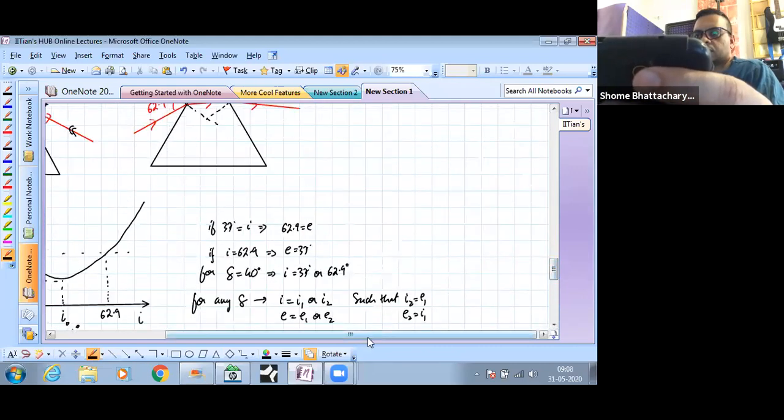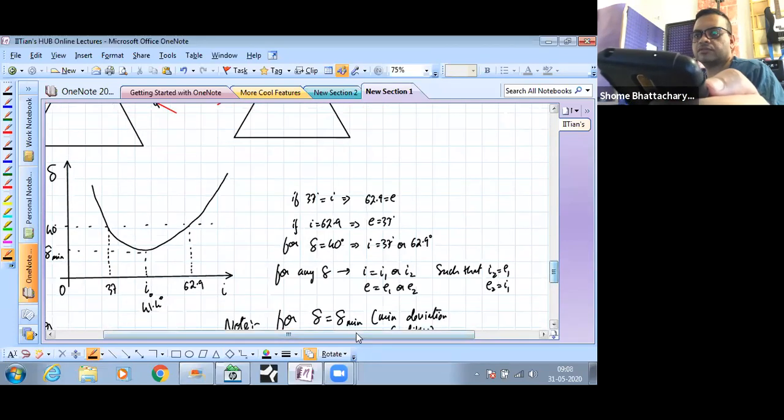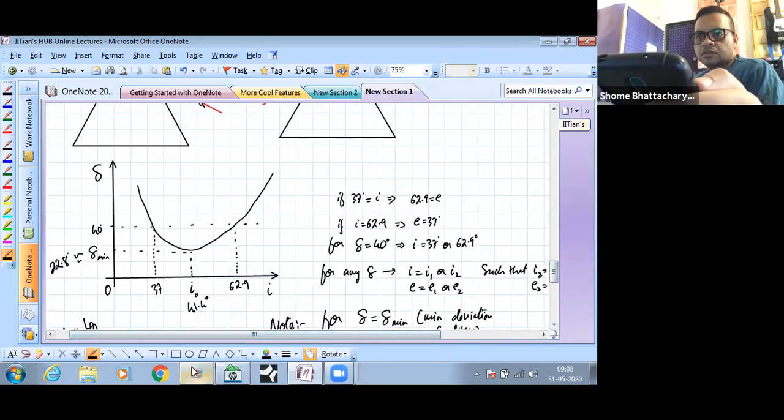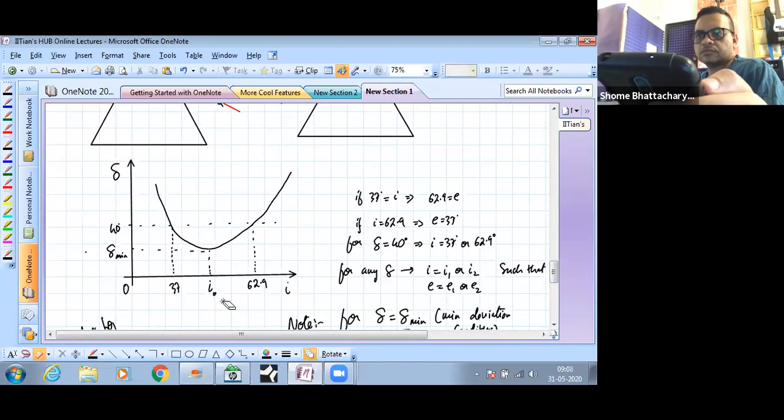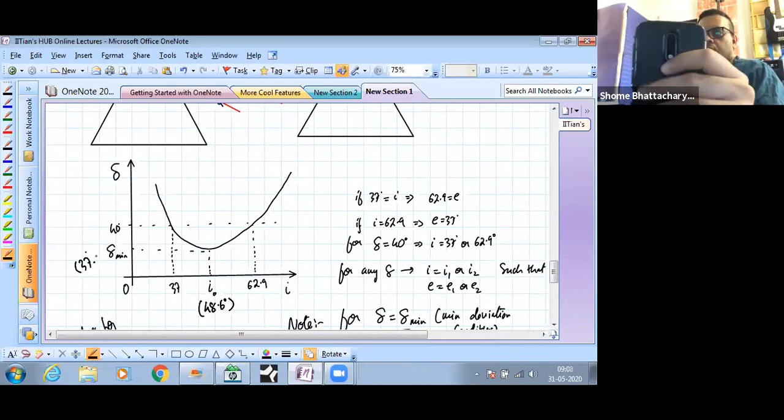So let's come back here, this graph. So actually you can see that this point is very close to the minimum deviation.